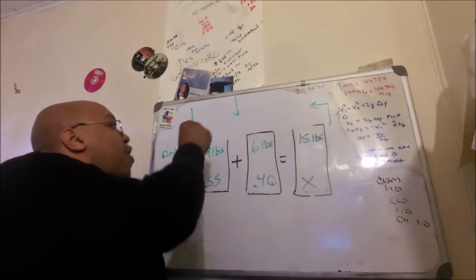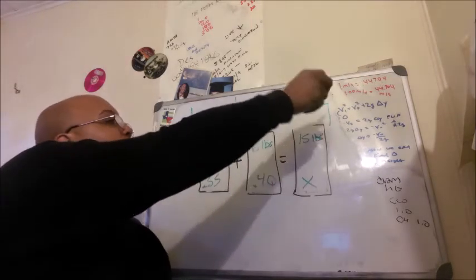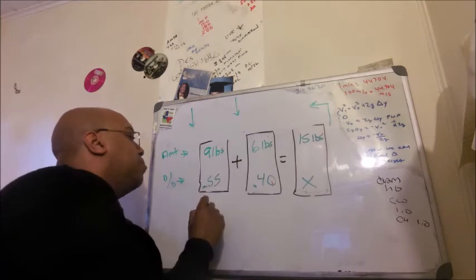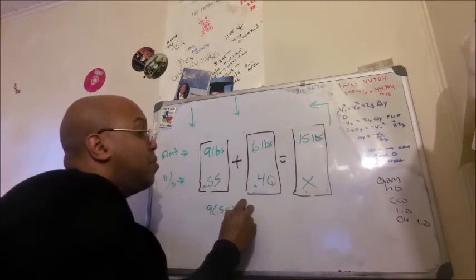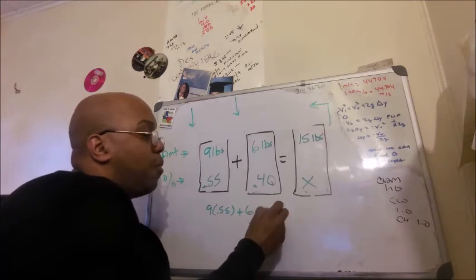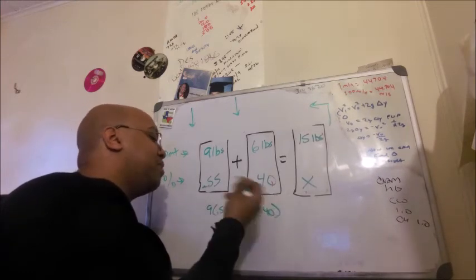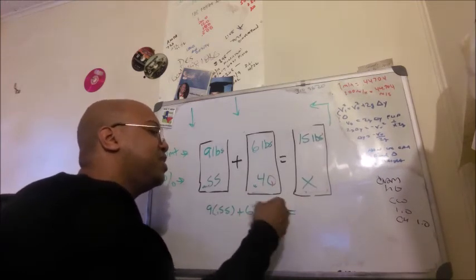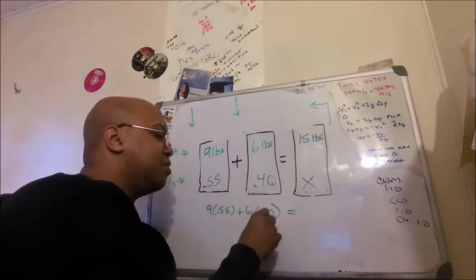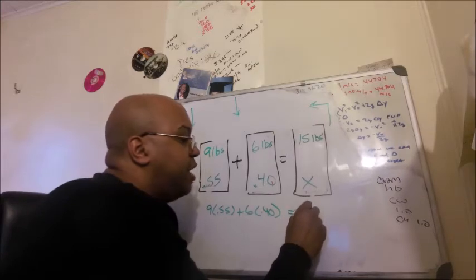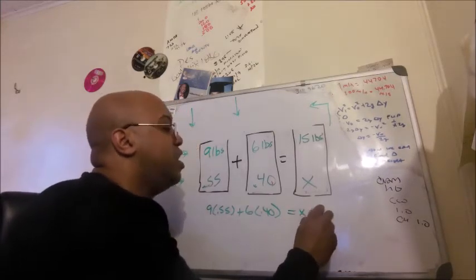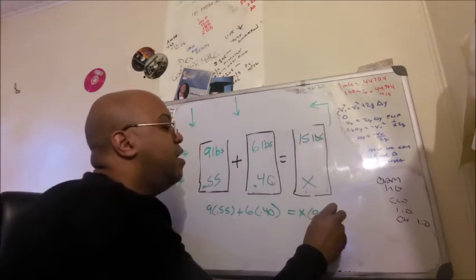Okay, so for our movement, vertical, vertical, up and right for our setup. So that would be 9 times 0.55 plus 6 times 0.4 or 0.40. I'm a stickler for two digits sometimes. So you could have 0.4, 0.40, it's up to you. And then we have the percentage, that's the unknown, and then 9 plus 6.